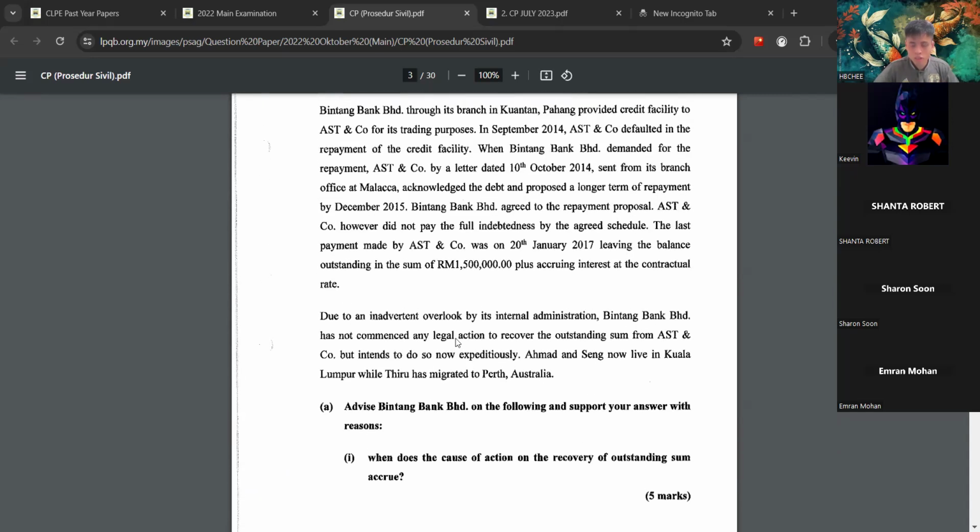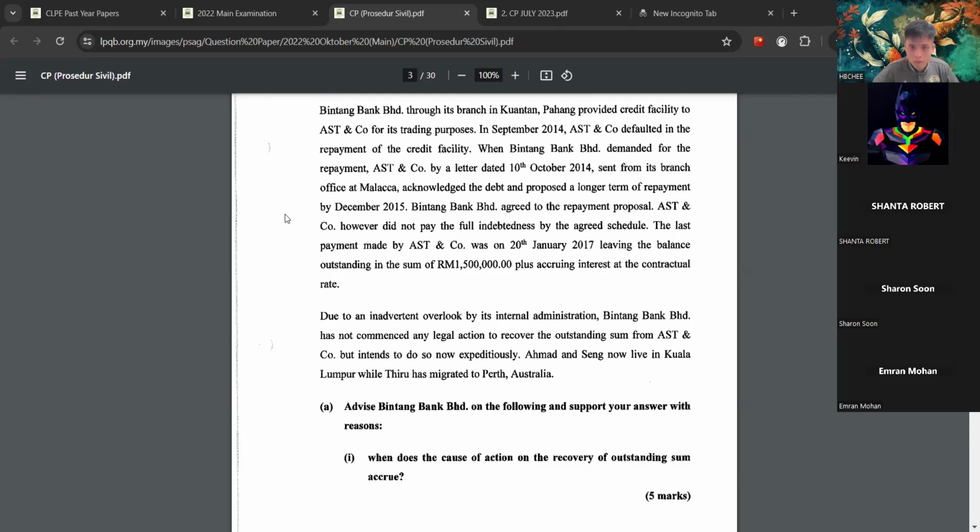Because when you see the timelines, actually it's supposed to be September 2014, because this is the date where AST and Core defaulted in the repayment. However, they proposed a longer term of repayment, and it took a very long time for Bintang Bank to agree, so this is what we call the fresh accrual of action.